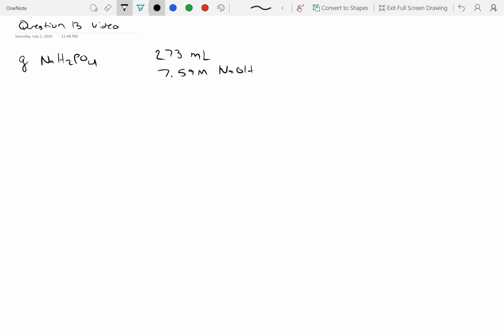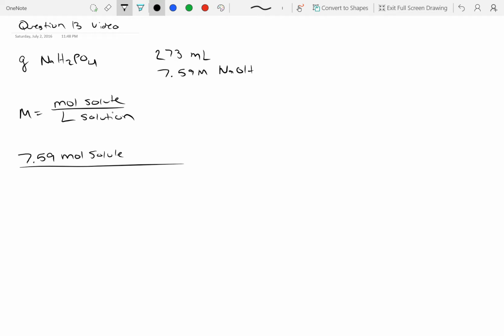And so basically we have our molarity of NaOH, right? So molarity is equal to moles of solute over liters of solution, right? So we have 7.59 moles of solute, or moles of NaOH, over liters of solution.